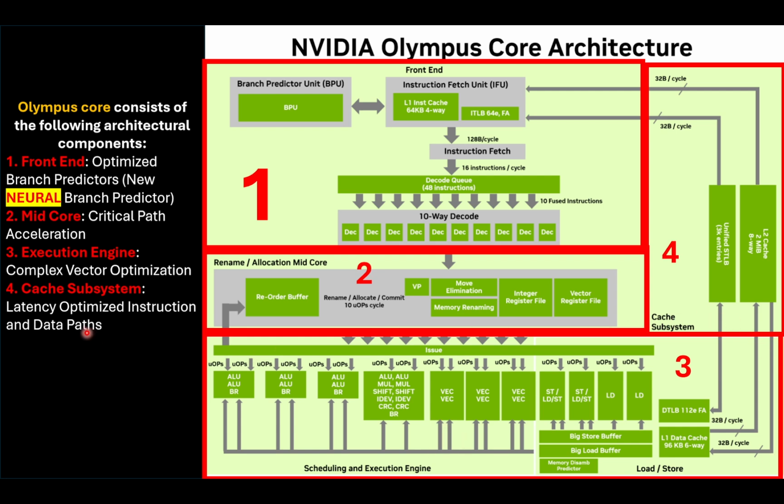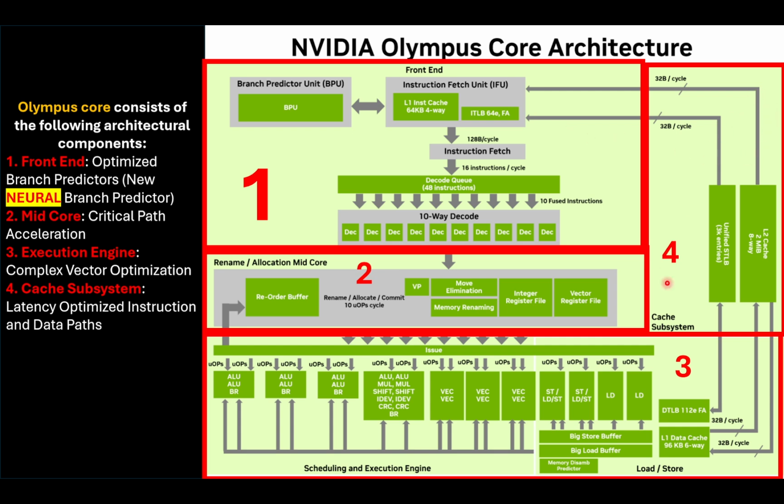And then we have the cache subsystem, with latency-optimized instruction and data paths. We see that part of this core is the L2 cache, which is 2 megabytes, 8-way. We see the data ways, 32 bytes. Then we have a unified STLB, 3K entries, and it goes back to the front end.